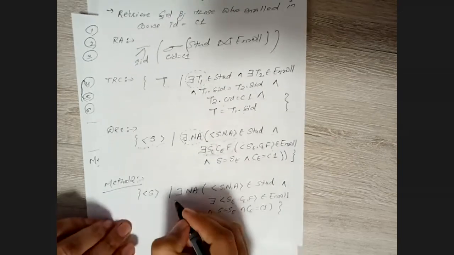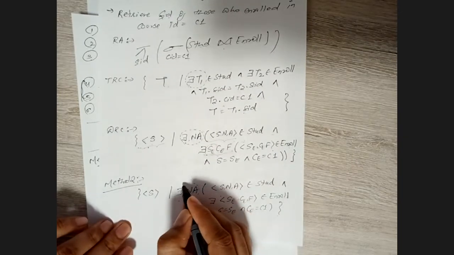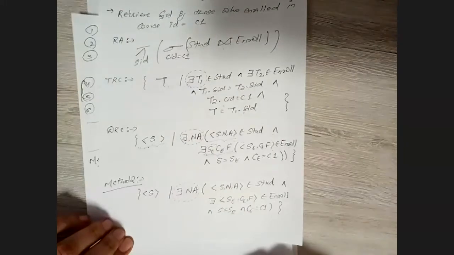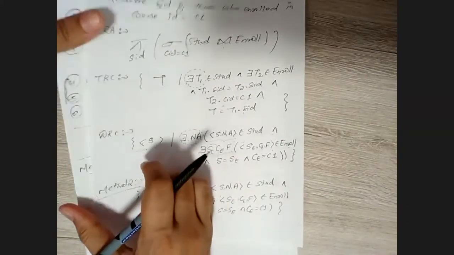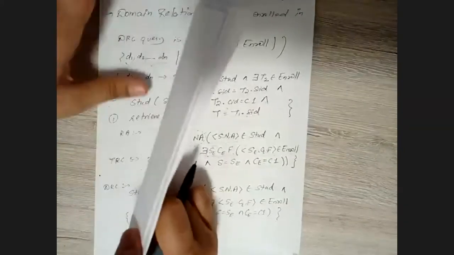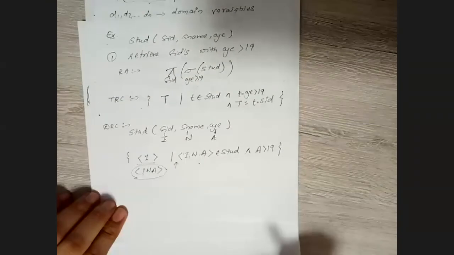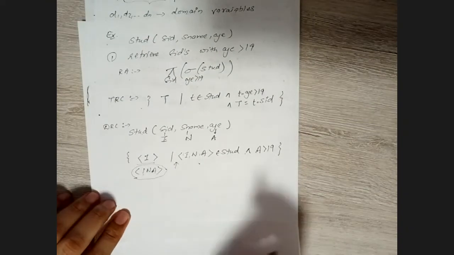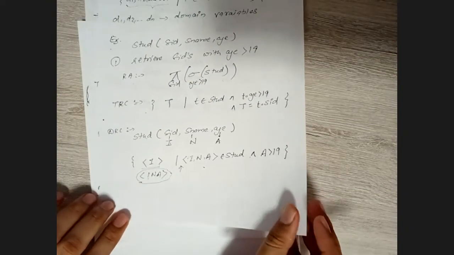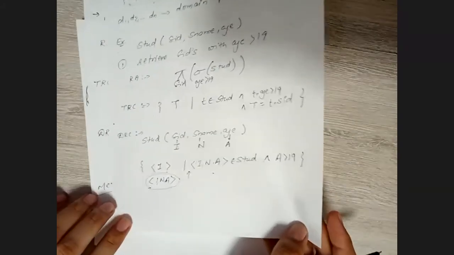But why actually we are using the there exists part here, right? And again, you should know why I haven't used there exists here. Yes or no?